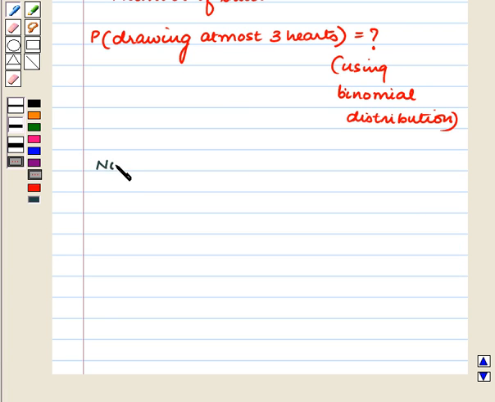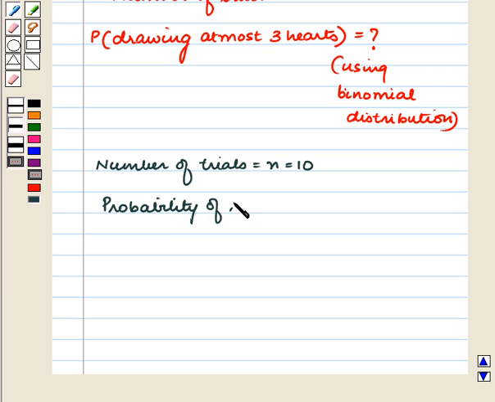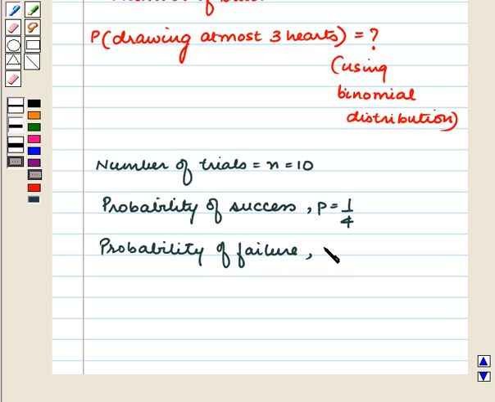Here, the number of trials, that is n, is equal to 10, probability of success p is equal to 1/4 and probability of failure q is equal to 1 minus p, which is 3/4.